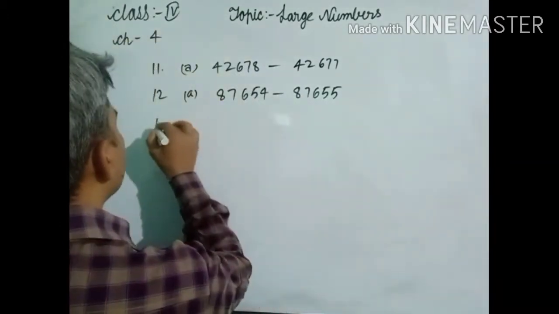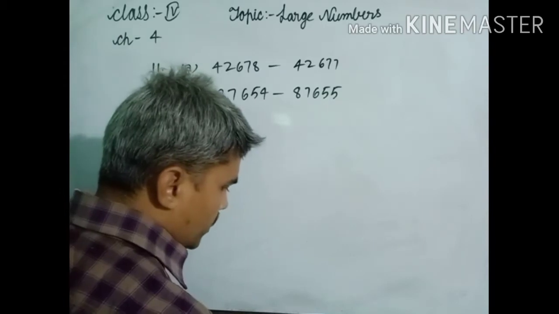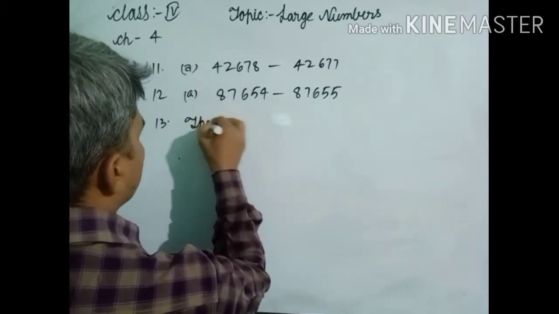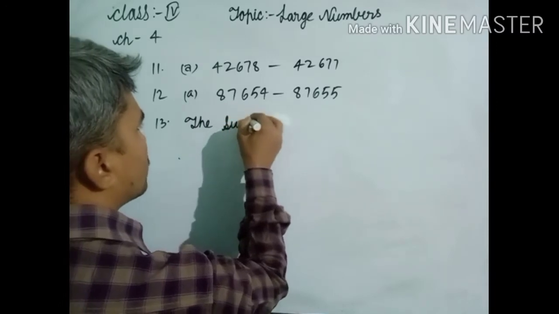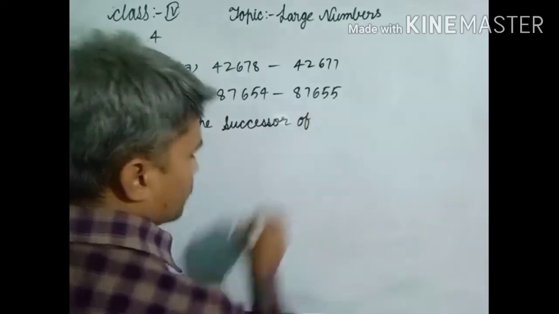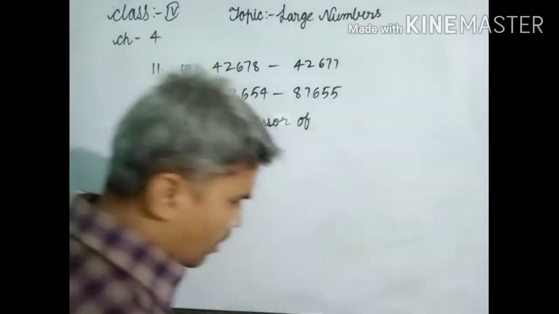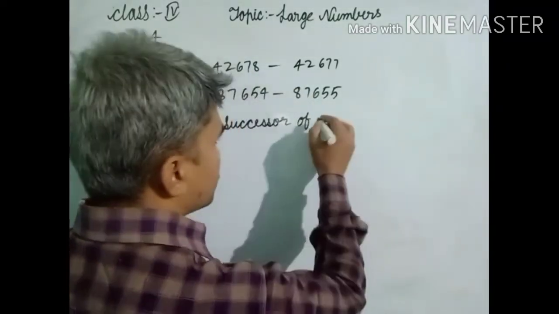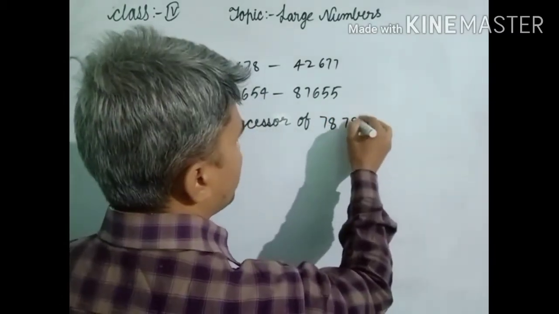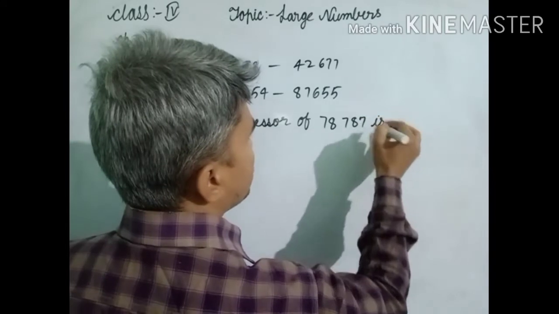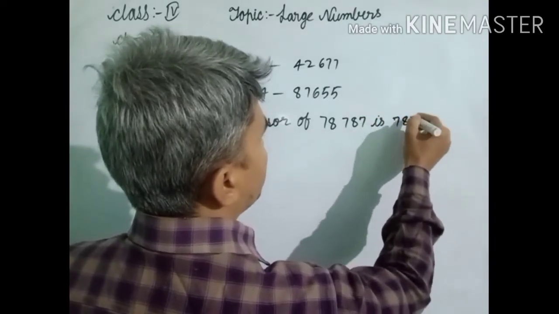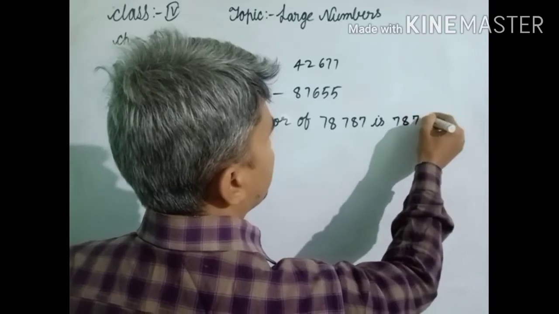And question number 13. What is question number 13? The successor of 78,787 is 78,788.